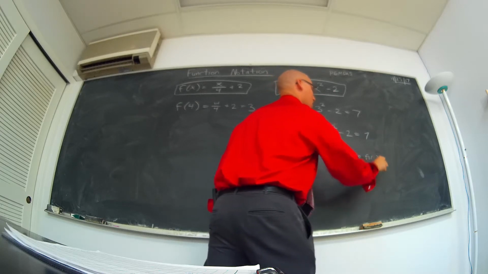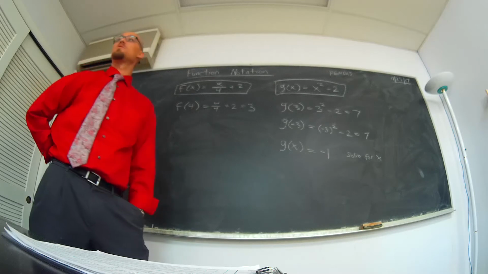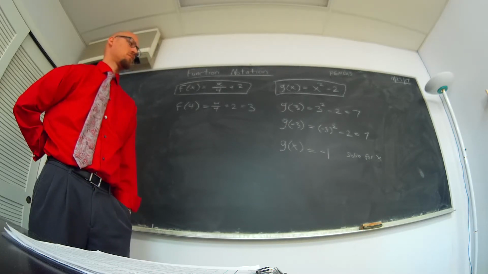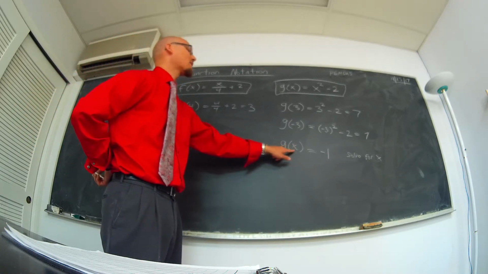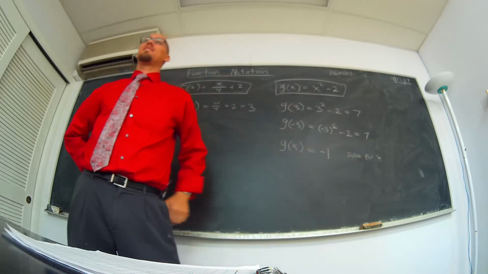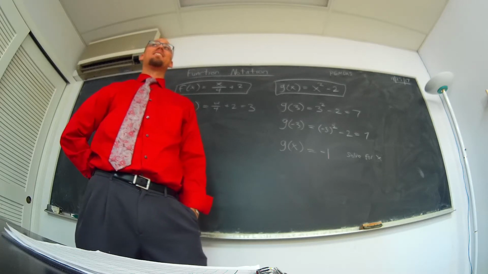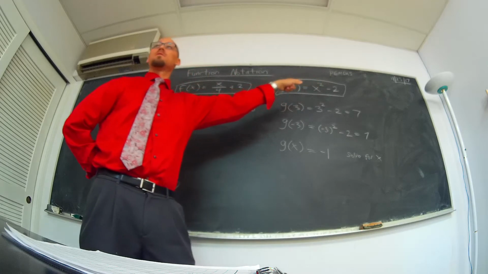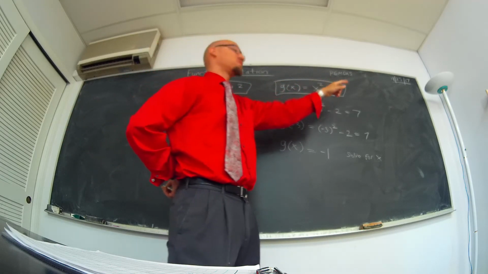What x could I plug into this function that would give me -1? Only 1. 1 squared is 1. Minus 2 is -1.